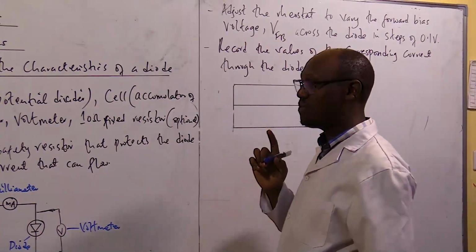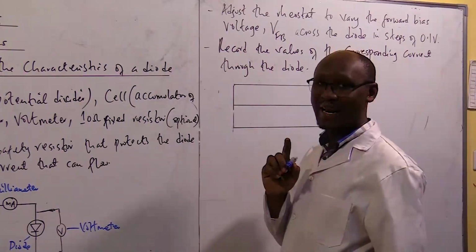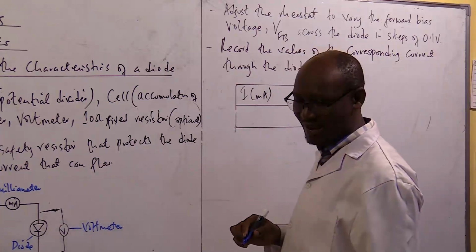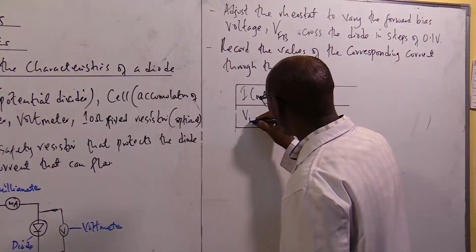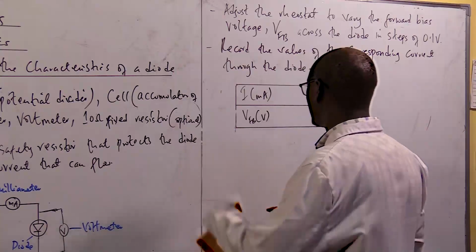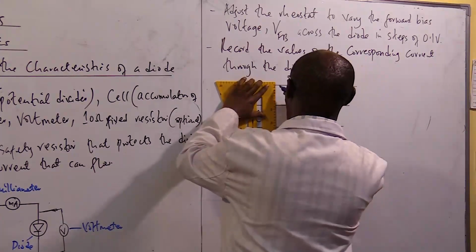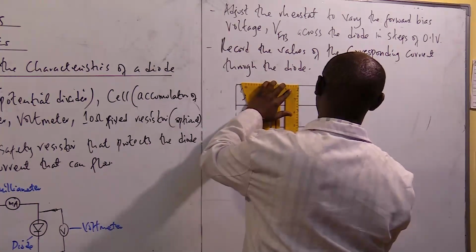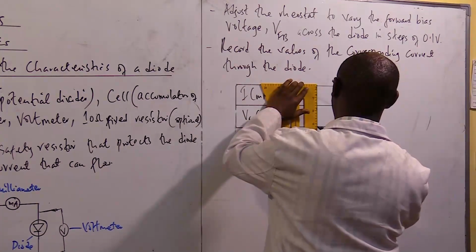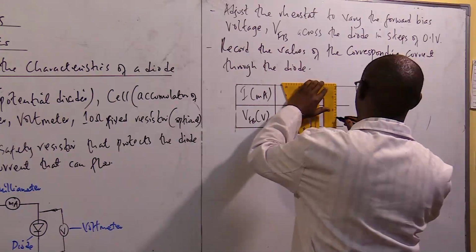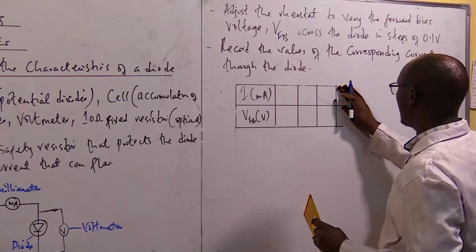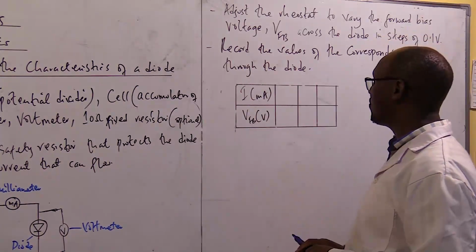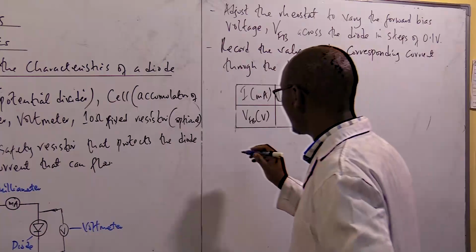Remember, current is measured in amperes, and the symbol is I. So you have I in milliamperes, and then of course you have the forward bias voltage in volts. So your table will look like this. Later on I'll give you values that you can practice with and apply the knowledge we talk about.